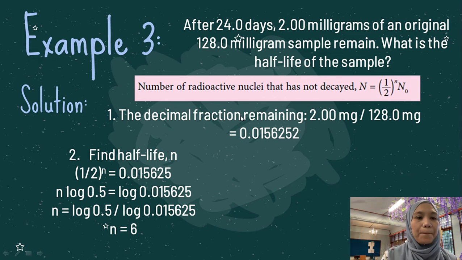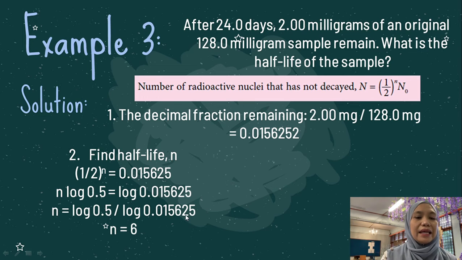Next, find the number of half-lives n. We must find n since we have the decimal fraction. So one half to the power of n equals 0.015625. Mathematically, n times log 0.5 equals log 0.015625.